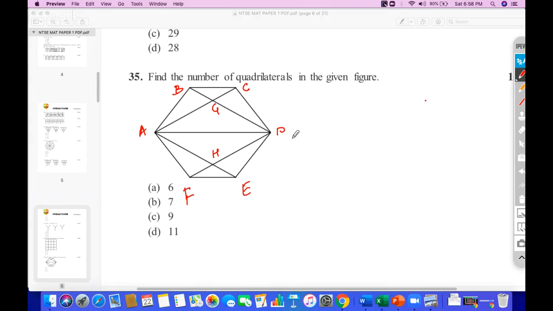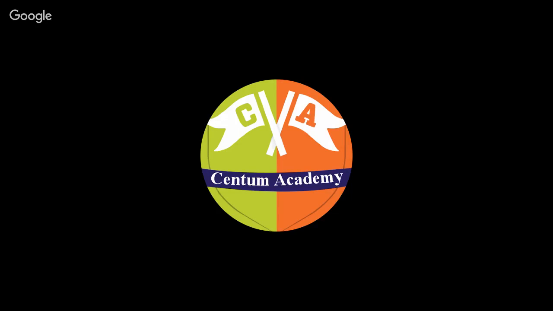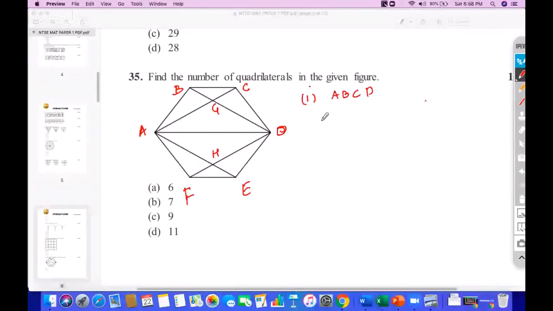Let's start from writing down the most obvious ones. So first one is ABCD, and second one is, if you look at here, how I calculate is I take two of them common.